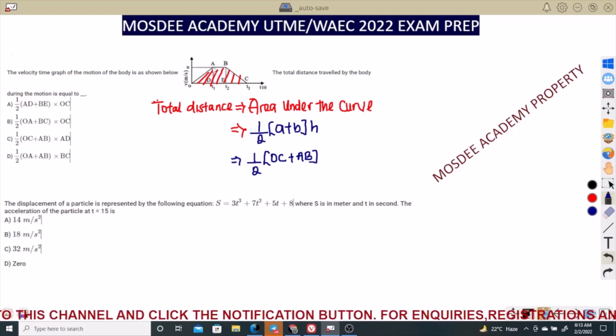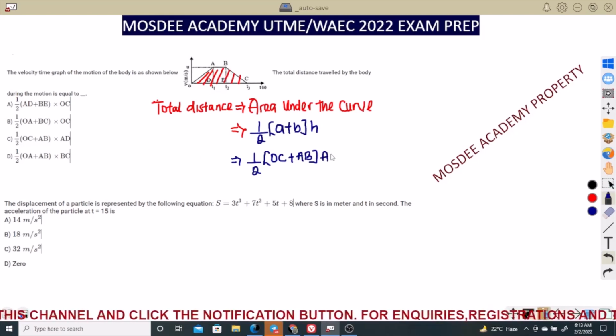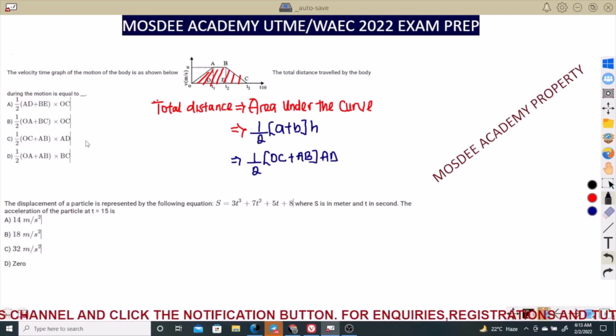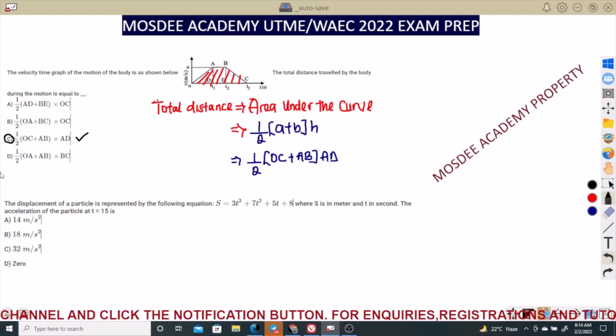The height is the distance from this to this. The height can be AD, it can also be BE, depending on the examiner. In this case, we are going with AD, because AD is parallel to BE. So we go with options that look like this. I think the correct answer is OC plus AB, half multiplied by this, which is also C. So I think answers to most of these questions are C.